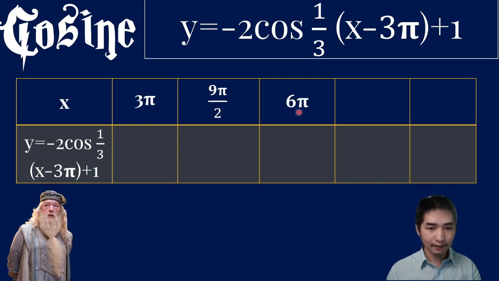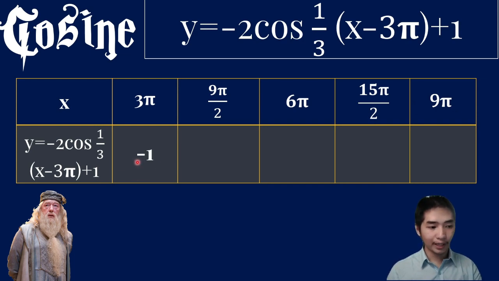Next is 6 pi. We can see here that we're just adding 3 pi over 2. So 6 pi plus 3 pi over 2 is equal to 15 pi over 2. Then 15 pi over 2 plus 3 pi over 2 is equal to 18 pi over 2, or 9 pi.